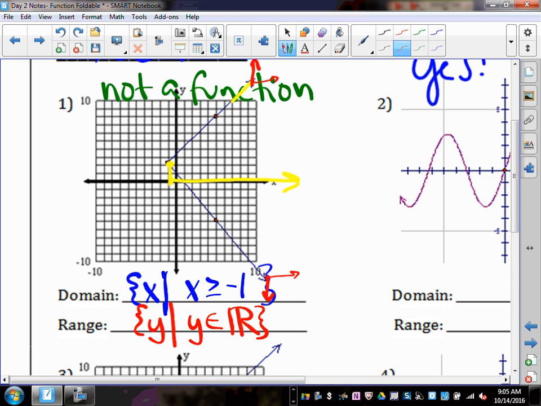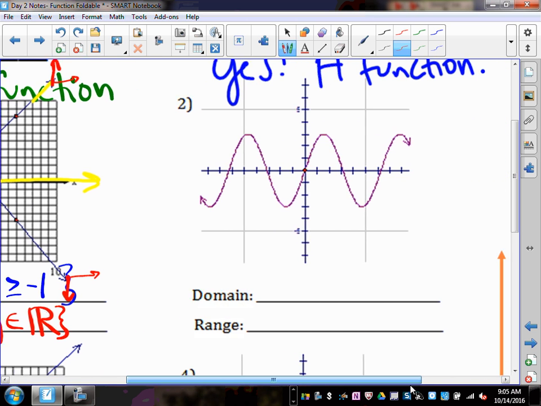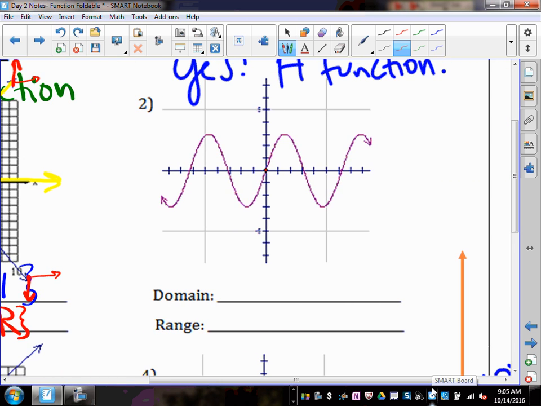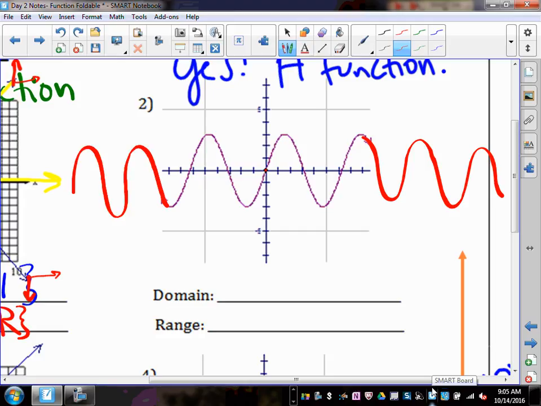Okay, let's go ahead and do our other ones, give us a little bit more practice with it. So these arrows, again, it's continuing in this pattern, forever and ever going like this. If I start from the left, where does it start? Forever that way. What is that again? Negative infinity.